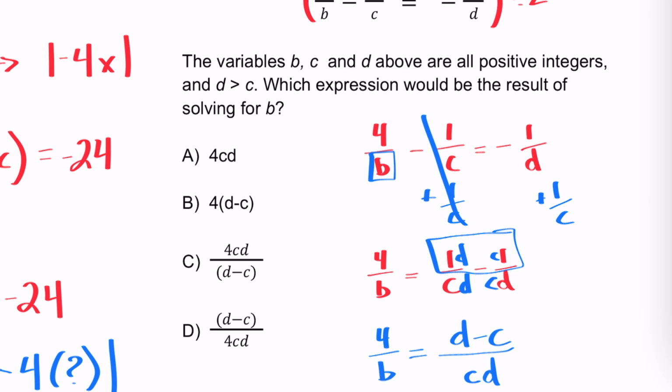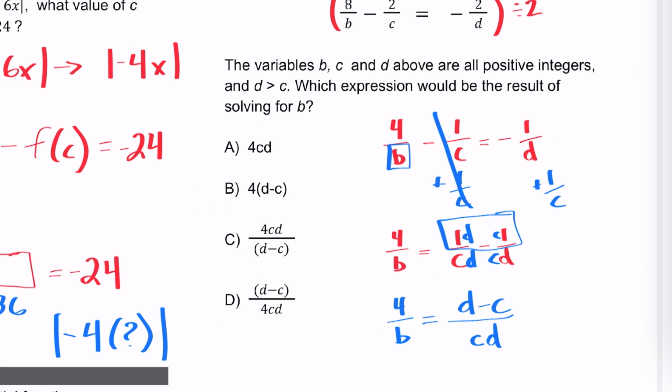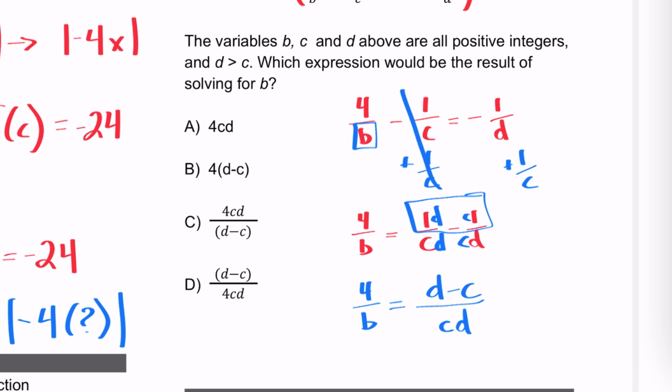To get rid of b there, we could multiply both sides by b, but that is actually going to create extra work. So what I want to do is simply flip both of those fractions over, like so. Okay, the values didn't change there because if you cross multiplied, you'd still get the same results. And now to get rid of this divided by 4, to isolate b, I can multiply both sides by 4.